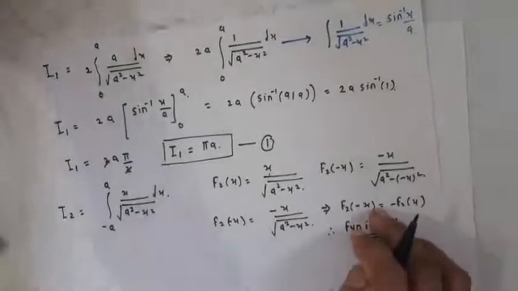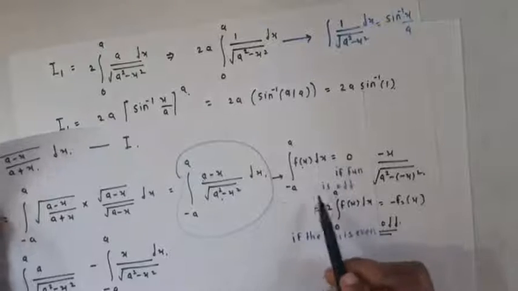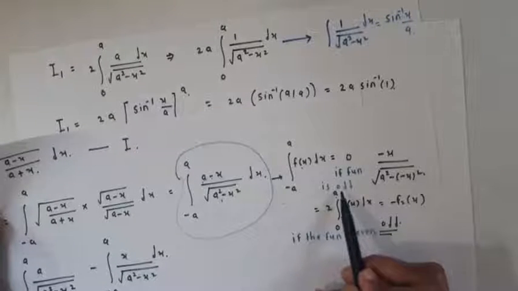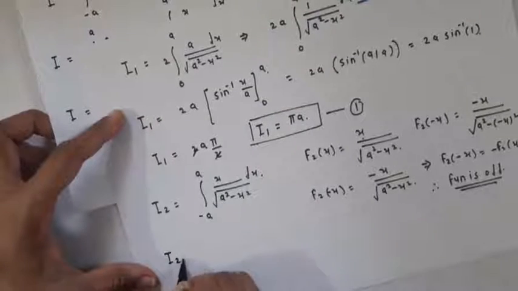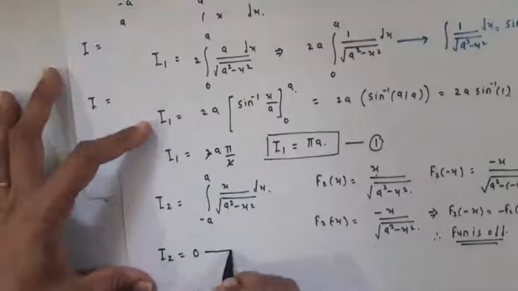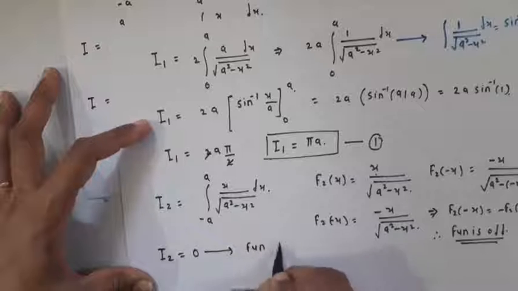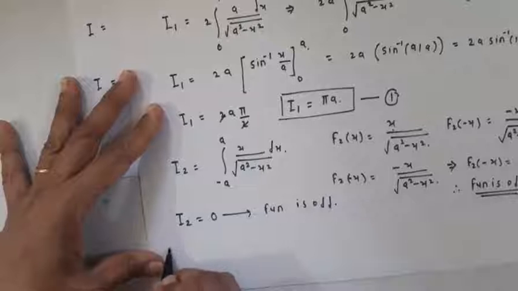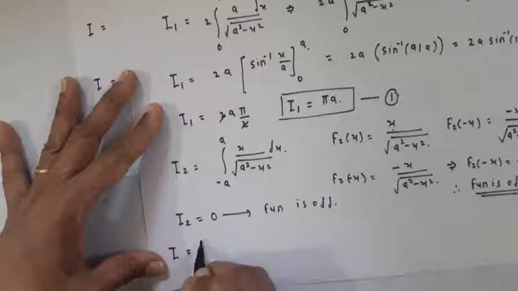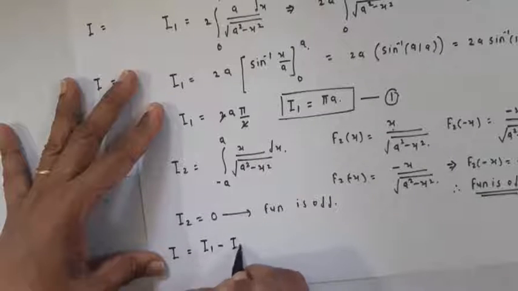According to this property, if the function is odd, its integration is 0, and it is not necessary to solve the problem. Check the function. If the function is odd, its integral value is 0. Therefore integration I2 equals 0, as the function is odd. And therefore let us find out integration I equal to I1 minus I2.